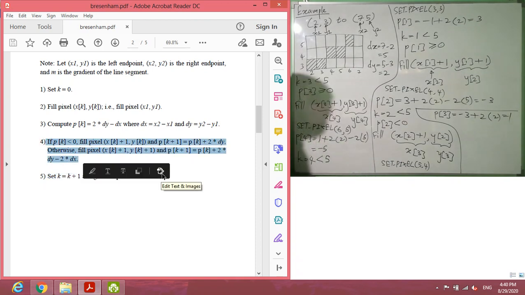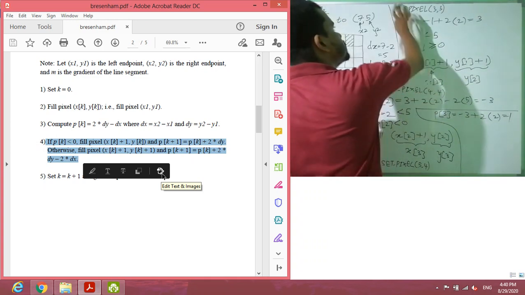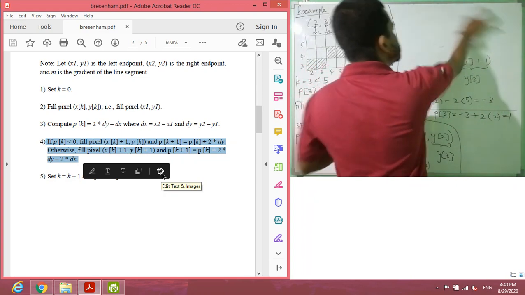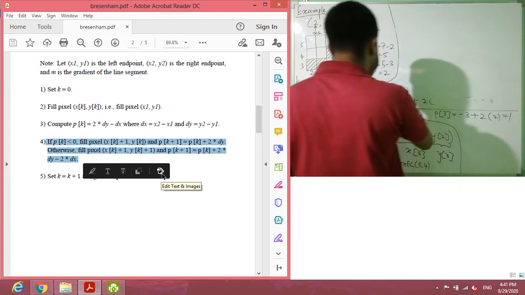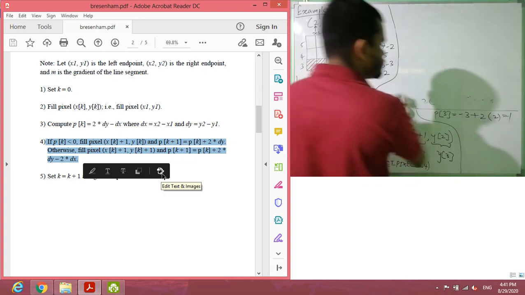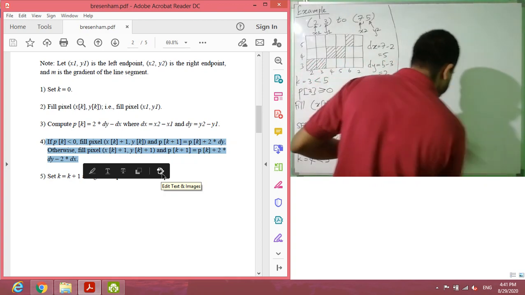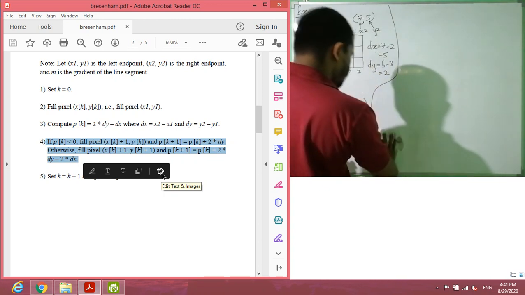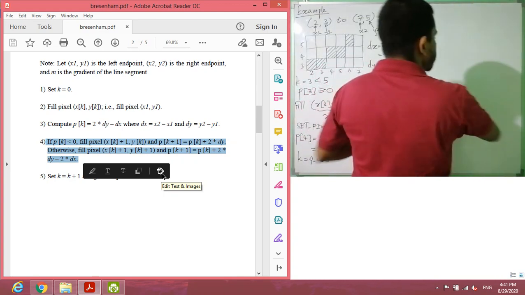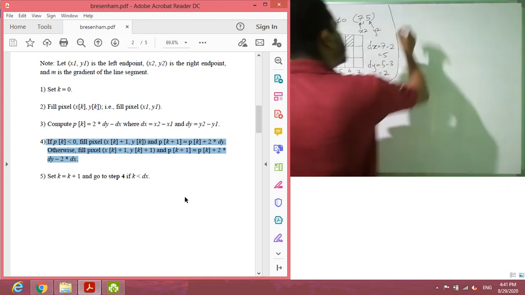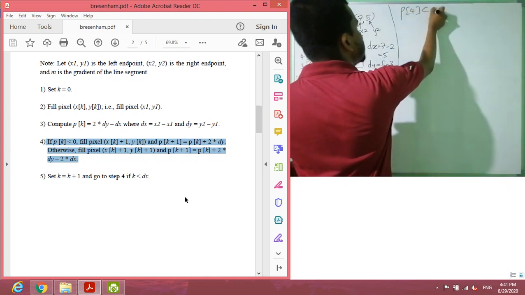Okay, then I will write that part here. Then we check whether p4 value is less than 0.